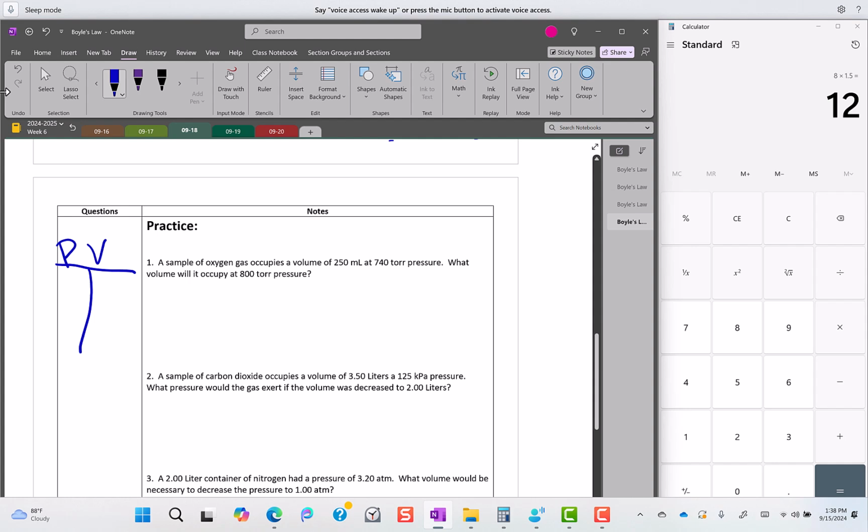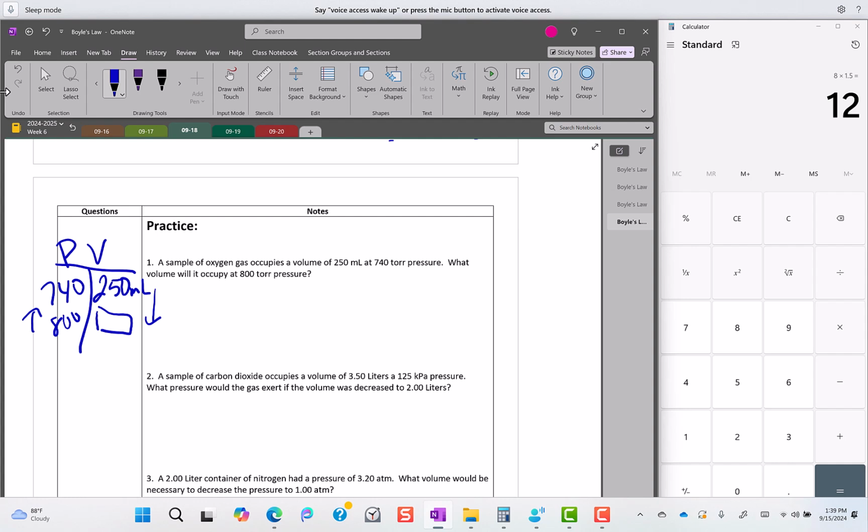All right, volume was 250 milliliters, 740. What will the volume be? That's our unknown when it's 800. So this is increasing from 740 to 800. So this means that the volume should decrease. That's why I want that table, so I can see that picture.